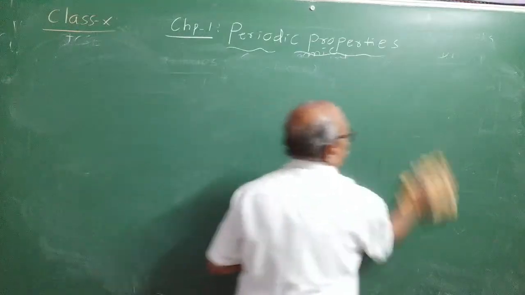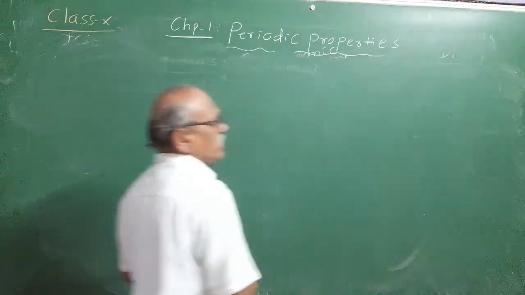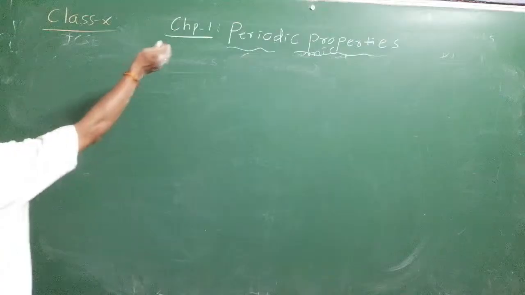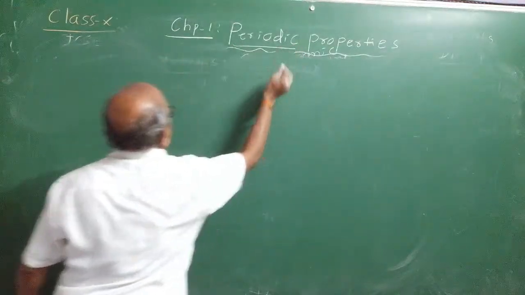Now we'll come to the periodic properties. See, generally there are certain properties. Why it is called periodic, we'll try to understand.